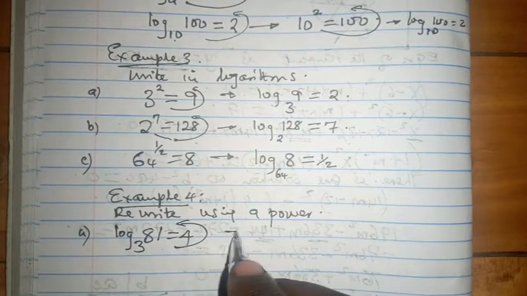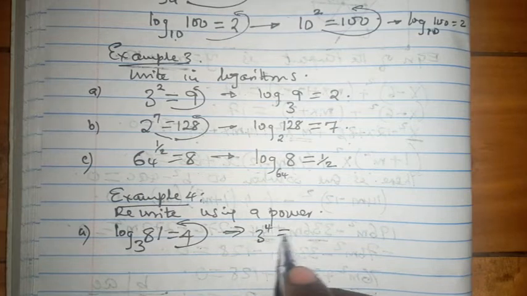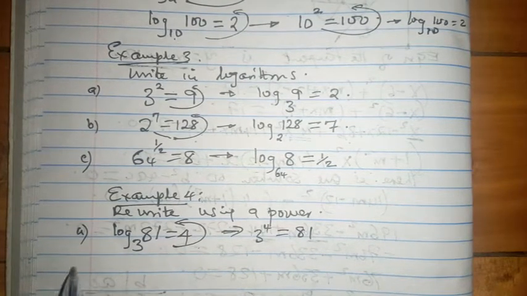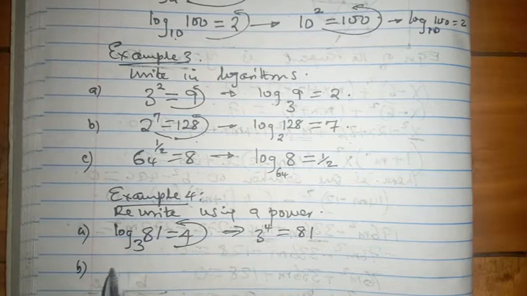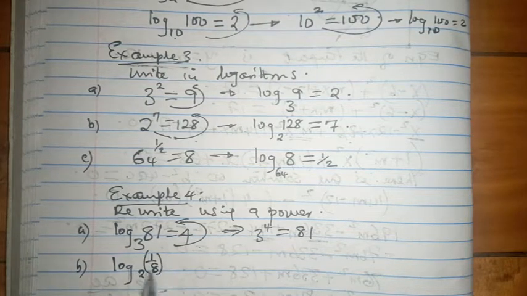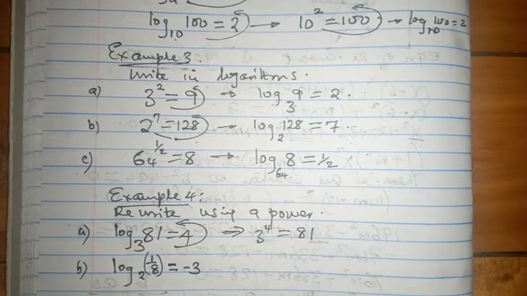Again, anti-clockwise movement indicates that 3 raised to power 4 is equals to 81. And it's as simple as that. Part B, we are having log to base 2 of 1/8 is equals to -3. And this is very true.